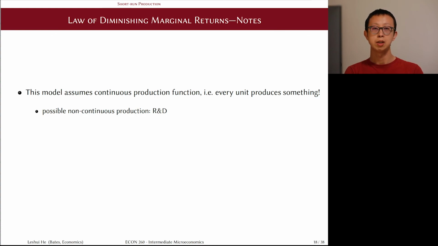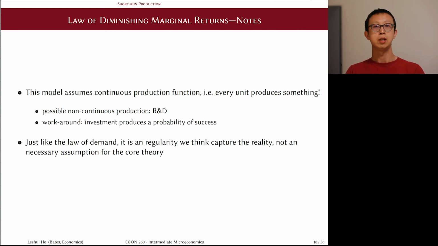In this regard, we can model the probability of producing a breakthrough as the output. Then the production function becomes continuous in the input again as we put in more and more hours, or have a bigger and bigger research team. The probability of finding a discovery steadily increases.